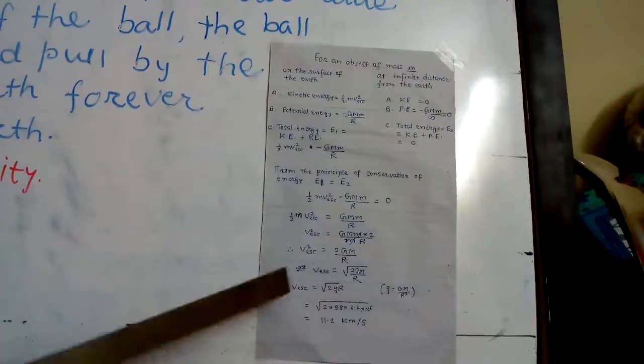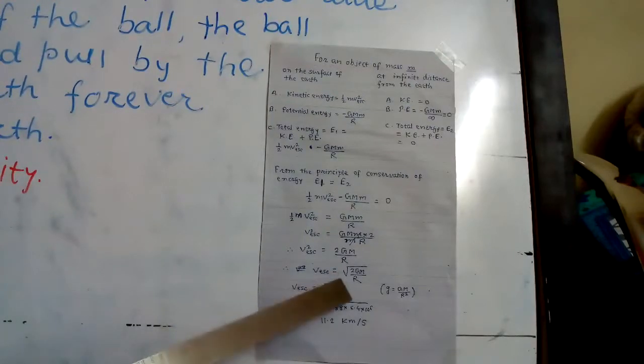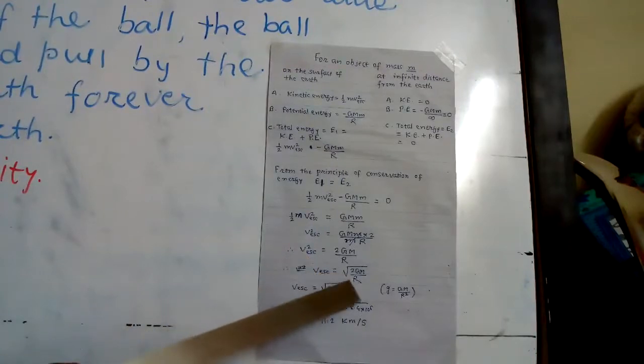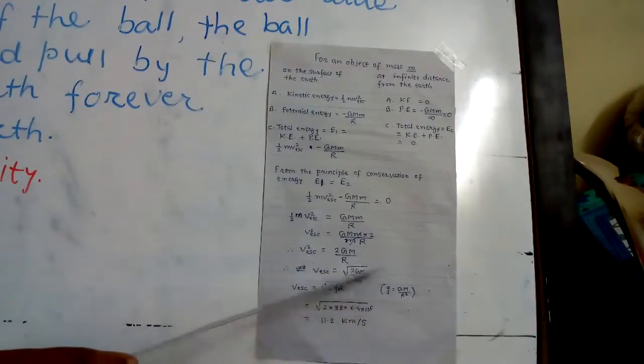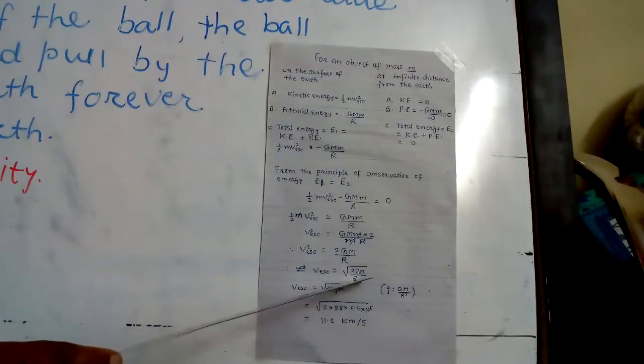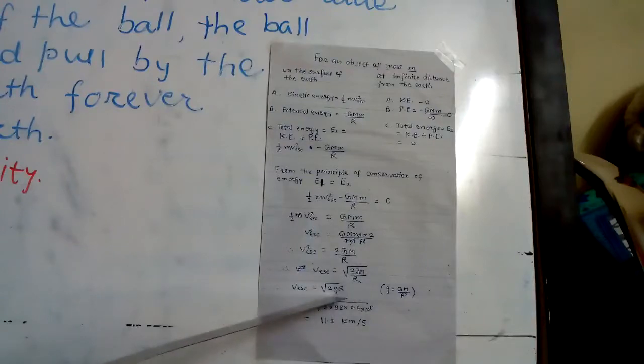V escape is equal to, here it is square, so square root of 2GM upon R square, where we have to multiply by R and divide by R. So R square it will become. So 2GM upon R square, the total value is g. G is equal to our formula GM upon R square. So v escape is equal to square root of 2gR.